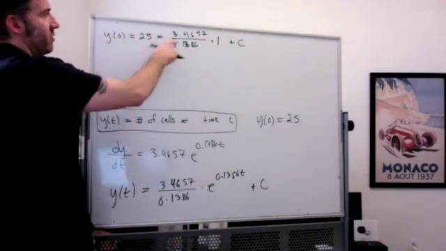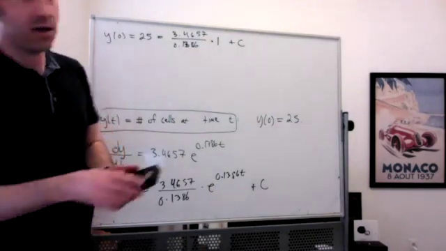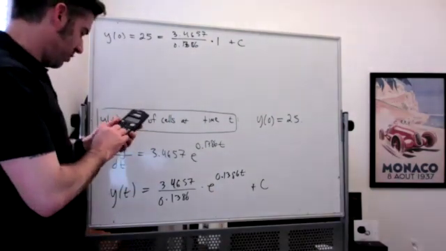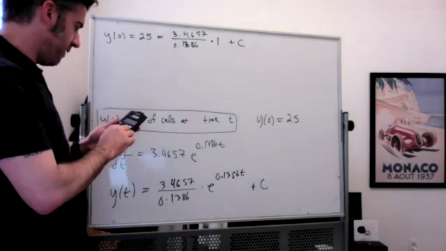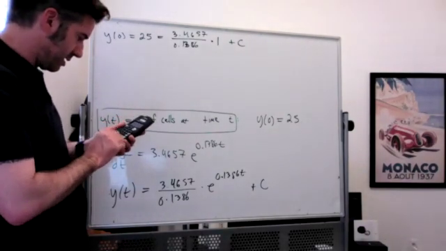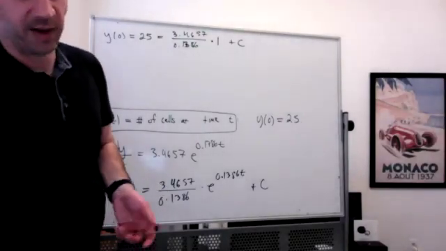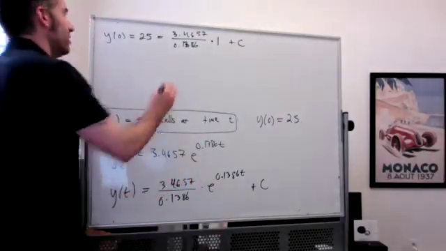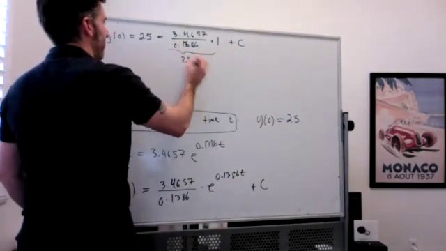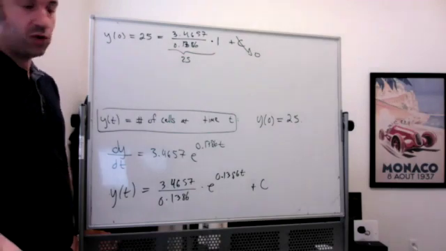So 25 equals this number plus c. And if you get out your calculator, 3.4657 divided by 0.1386 is 25.005. So clearly they picked the number so that it would be 25. So this is 25, which means c is going to be 0. Cool.